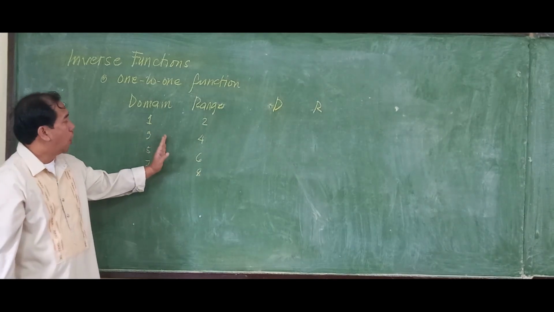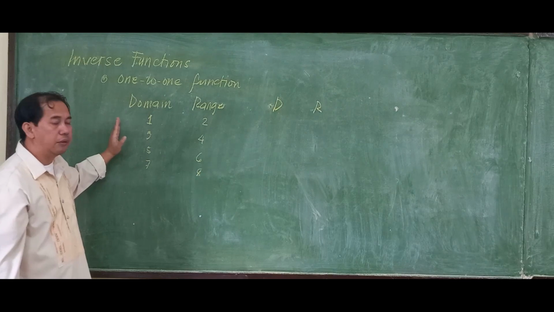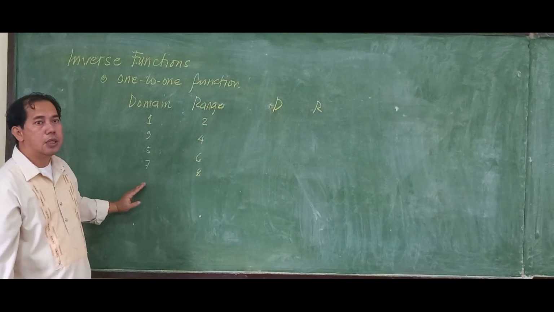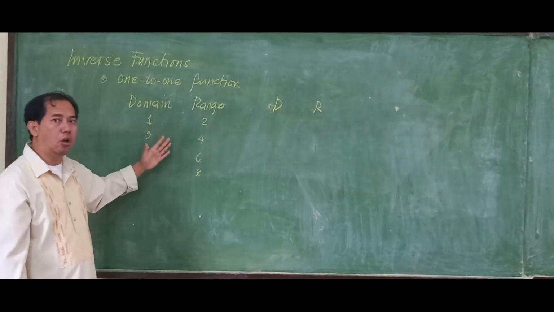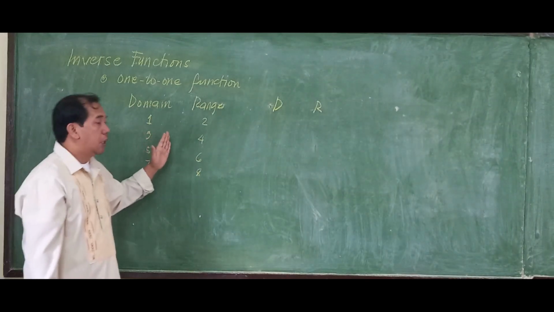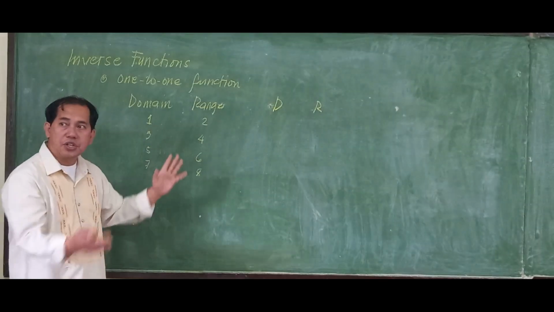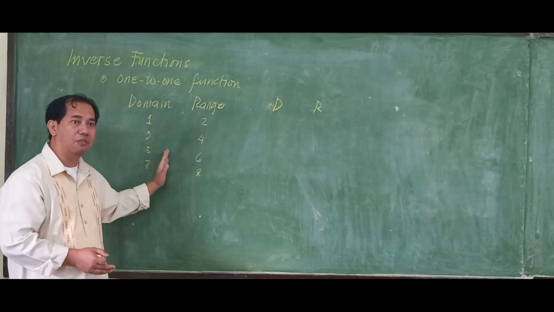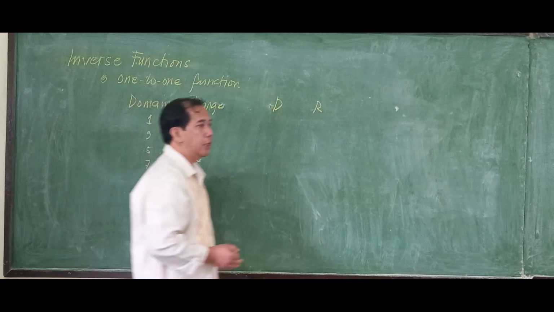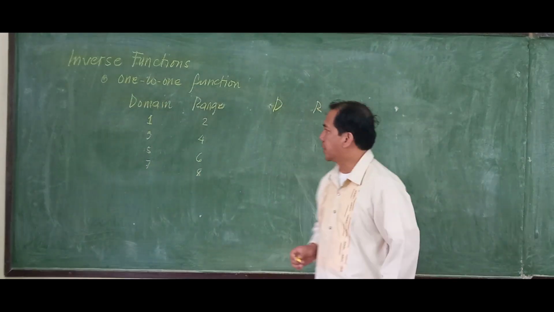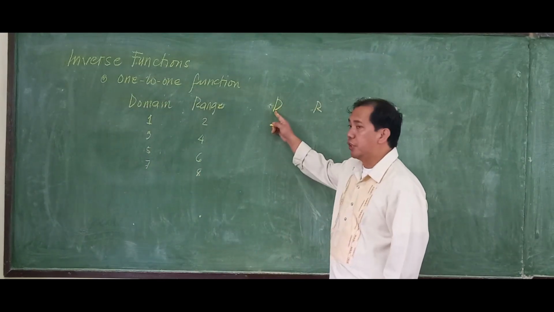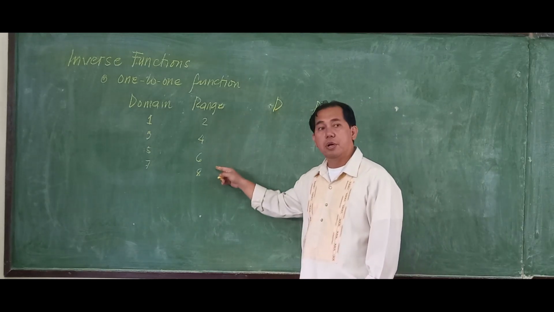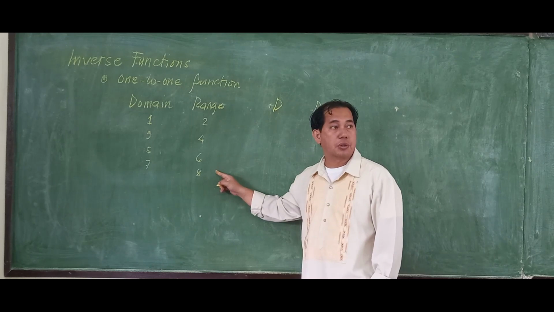Meaning to say, when we get the inverse of this function represented by this table, the reverse of these elements are considered now to be its inverse. How is that? The members of the domain will now be the members of the range.